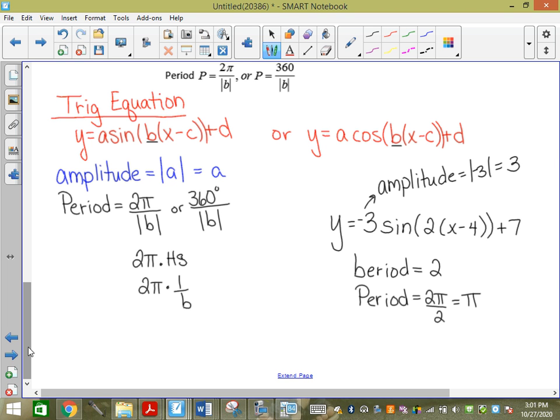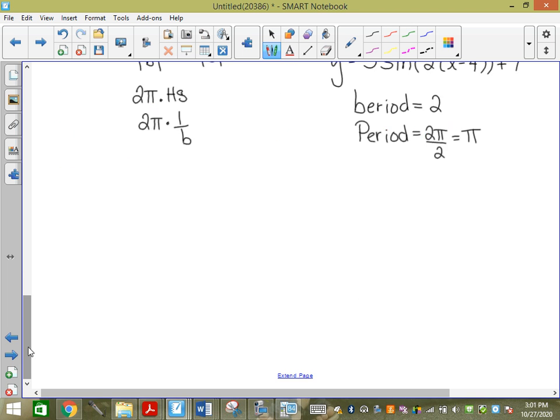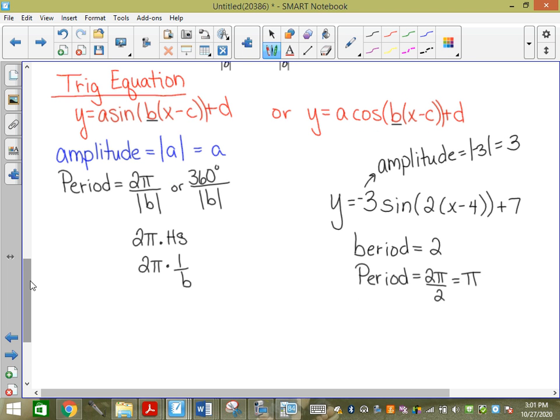There's one extra one I want you to write down that we're not using today, but I want it because it's going to be in the same sheet, and I don't want you to have to take the sheet back out again unless you want to. The D value on both of these is called the midline.